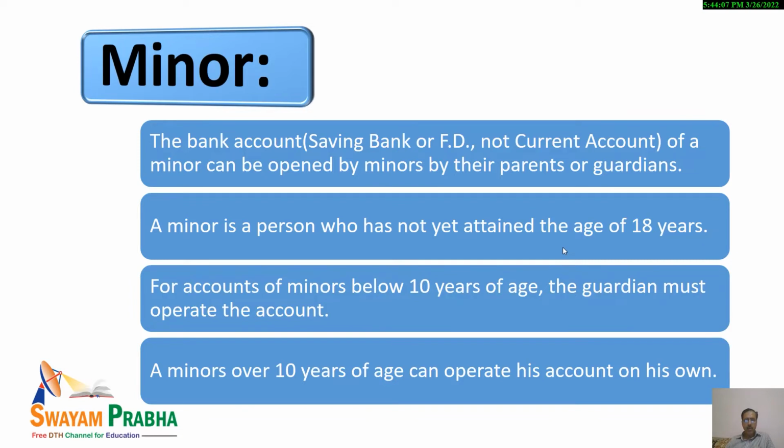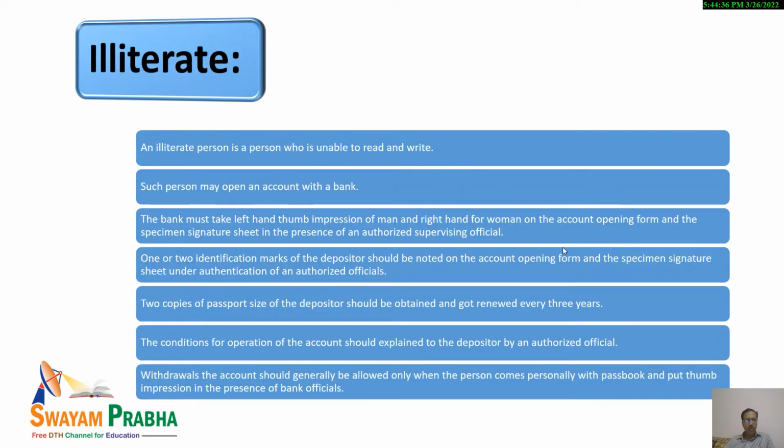In case the account is opened and the minor has not yet attained the age of 10 years, then the guardian must operate the account. But once he has attained this particular age, even a minor can operate the account. He or she will be free to operate his own account on his own.